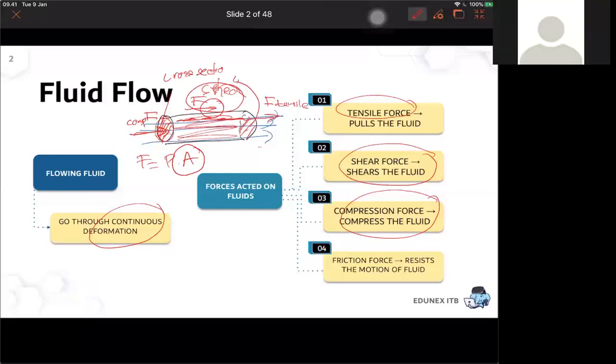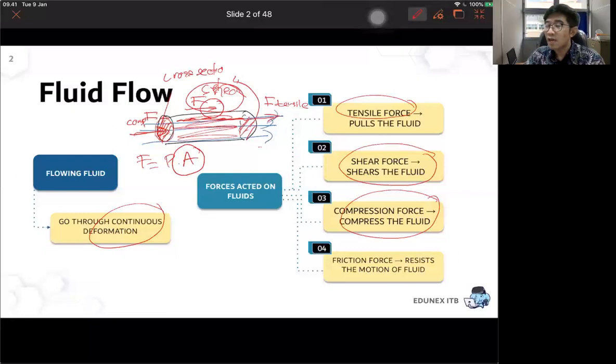Alright, okay. Kecuali, unless there is some other force that has that kind of direction, which is friction force. Friction force atau gaya friksi will be experienced by the fluid since the fluid has friction with the inner surface of the cylinder.